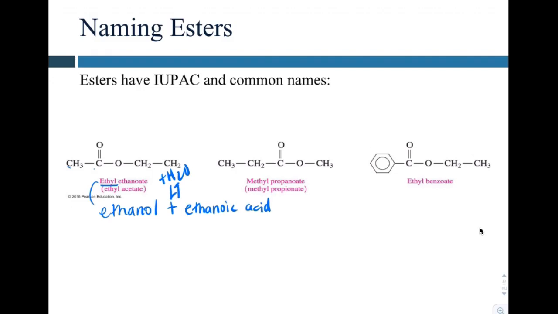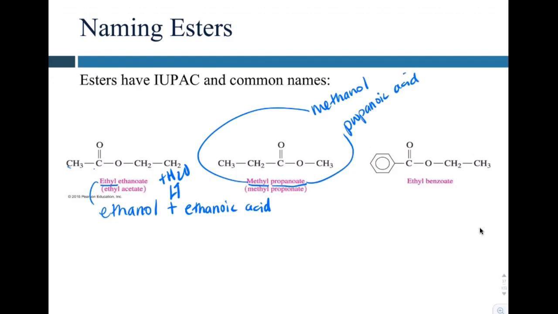What about this one? So methyl would come from methanol, and propanoate would come from propanoic acid. Ethyl would come from ethanol, so we reacted ethanol with benzoic acid. See?